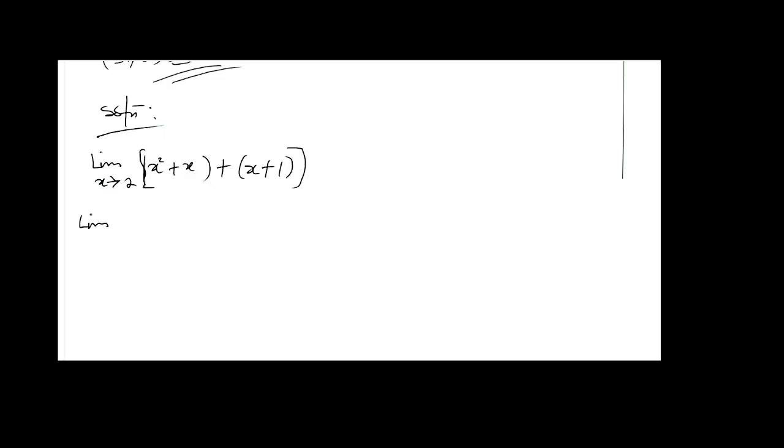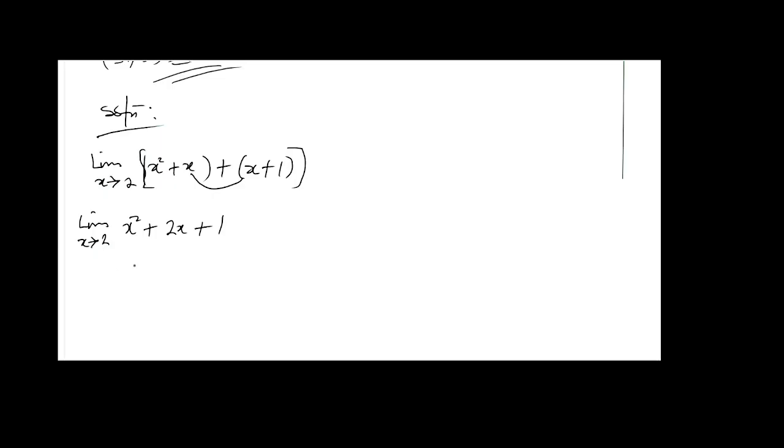So we just collect the like terms there. We are going to have the limit as x approaches 2 of x squared plus x plus x will give us 2x plus 1.